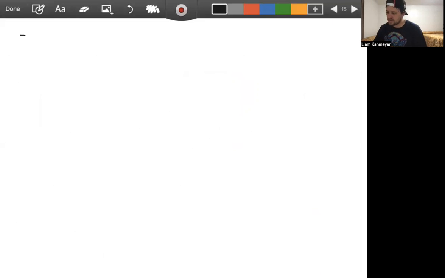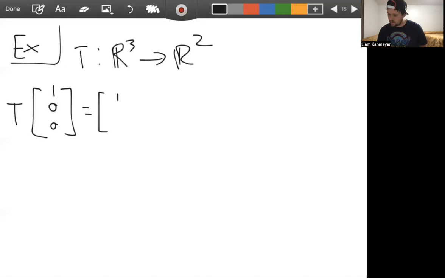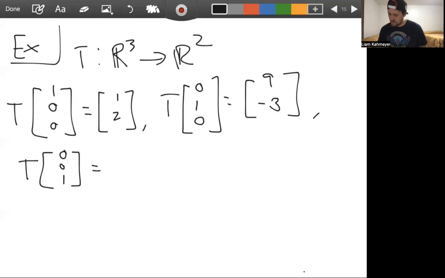So for a very quick example, let's look at T from R3 to R2, defined by T of (1, 0, 0) is equal to (1, 2), T of (0, 1, 0) is equal to (9, -3), and then T of (0, 0, 1) is equal to (1, 1), right?